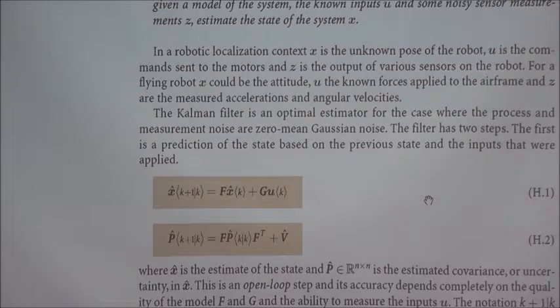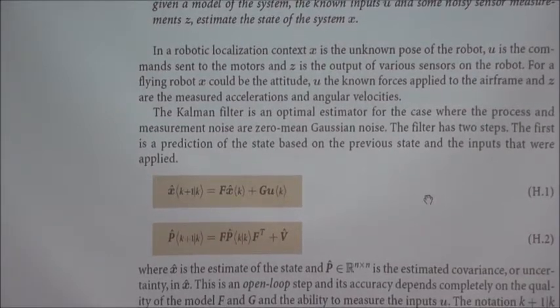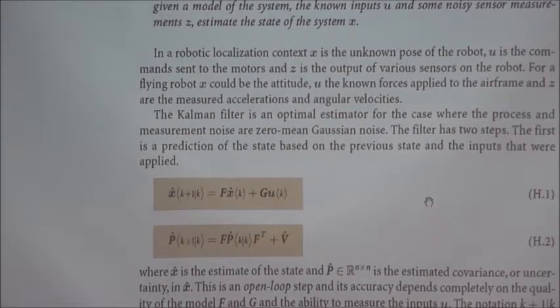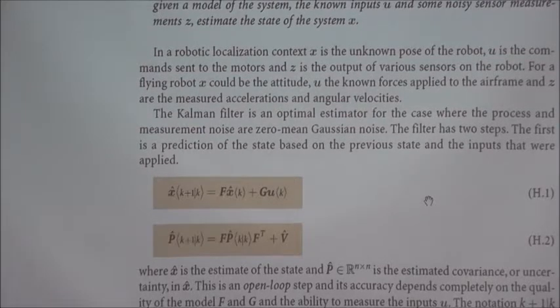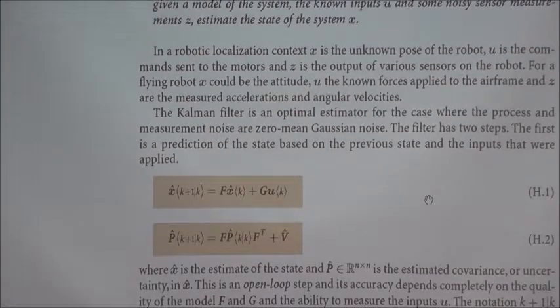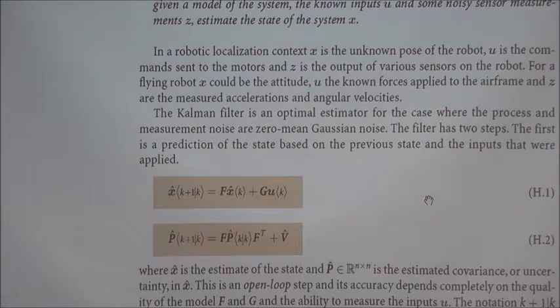So Kalman filtering was used. And believe it or not, Kalman filtering can be used for economics, for example. It can be used for air vehicles, underwater robots, and so forth. It's very powerful. However, the shortcoming is that it's for linear time invariant systems, which is far from real systems.